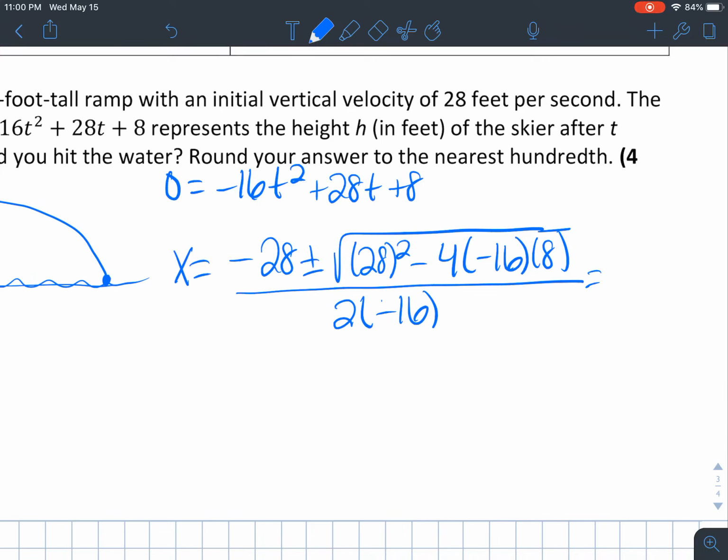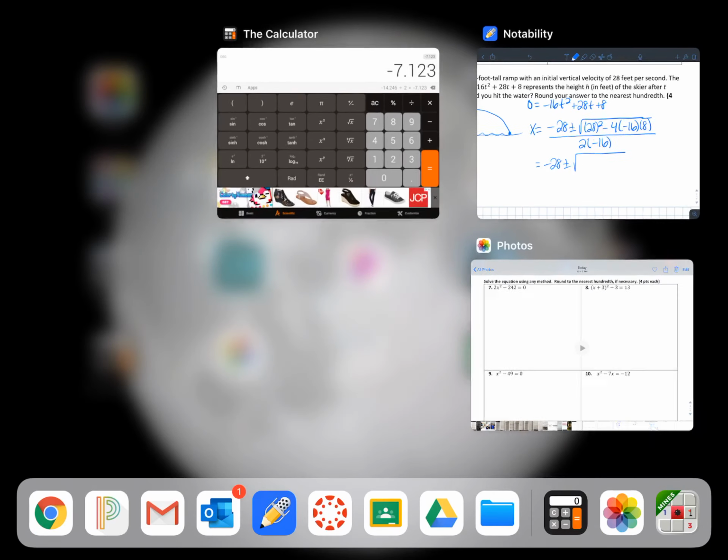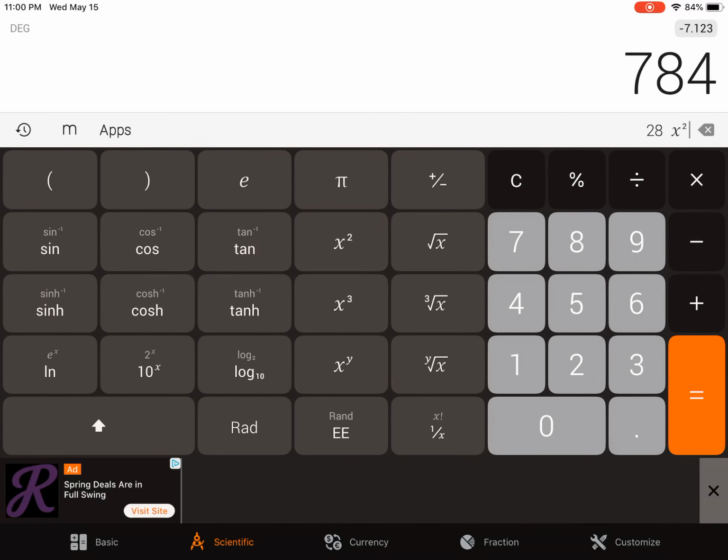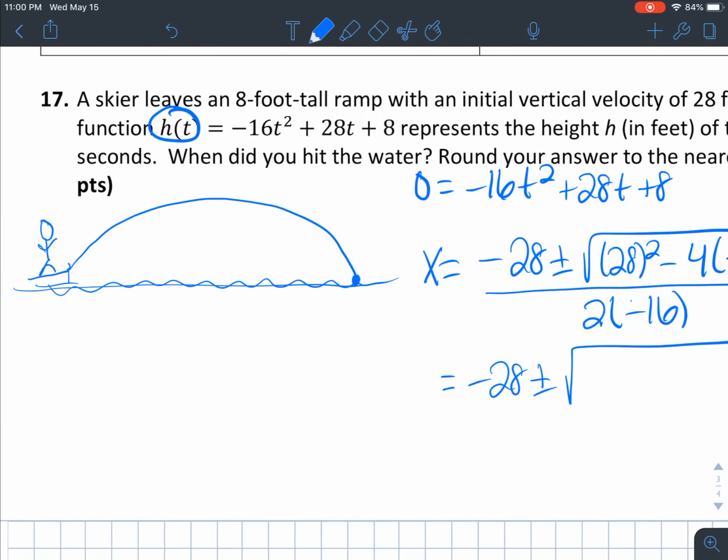So that should give me negative 28. I'm not going to try and squish that there. I'll go underneath. Negative 28 plus or minus the square root of, definitely going to need a calculator here. 28 squared is 784.